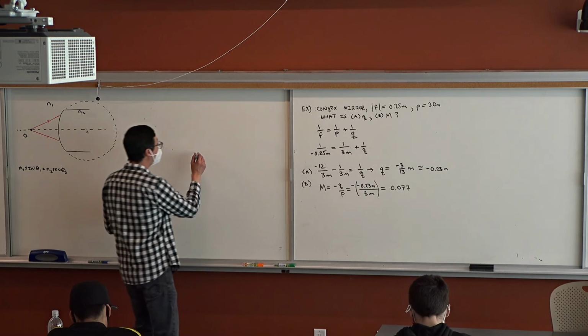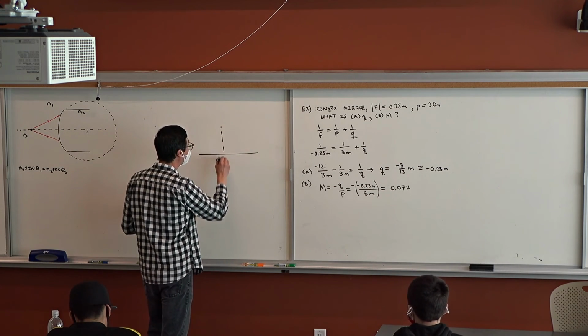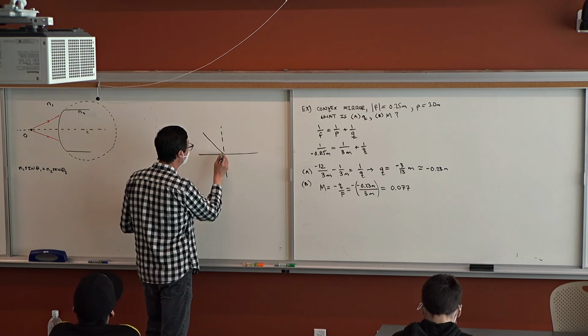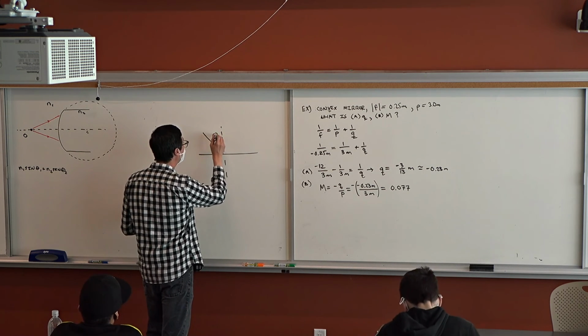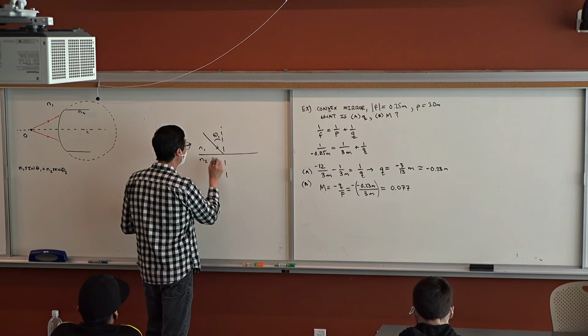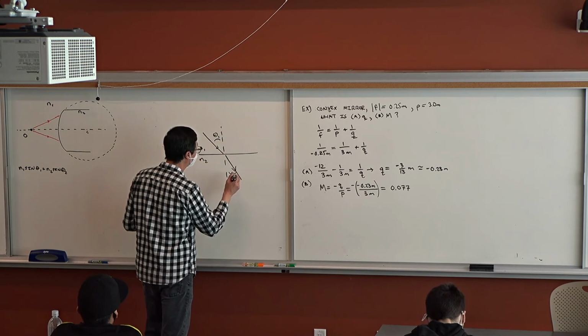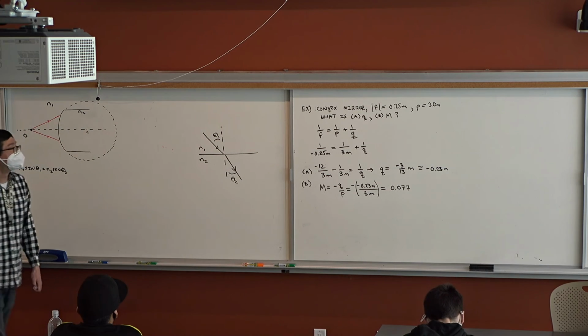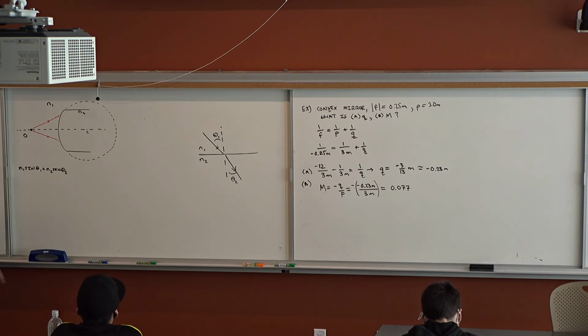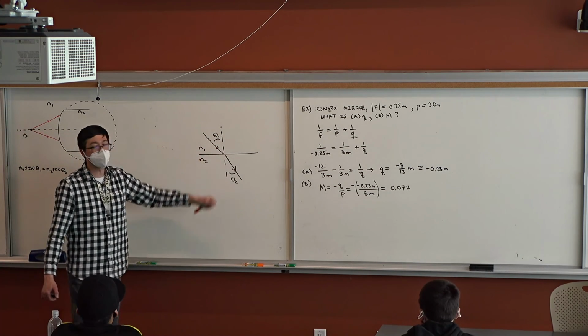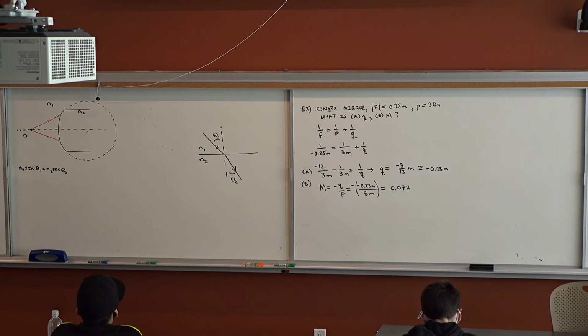So when we have just this simple flat surface, right? So what is the angle measured with respect to? Normal. With respect to the normal. So how am I going to get a normal here? You can draw one parallel to the.